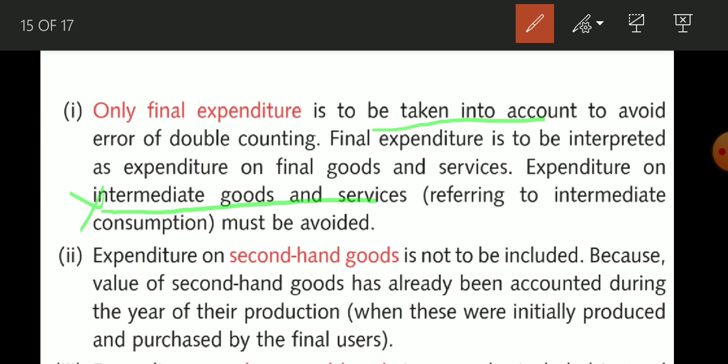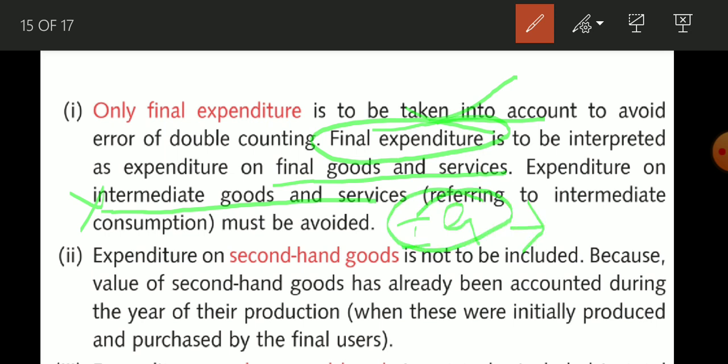We only add final expenditure on final goods and services. Why? Because if we add expenditure done on intermediate goods, it creates the problem of double counting, as we learned in the previous method, and because of double counting there will be overestimation of national income.